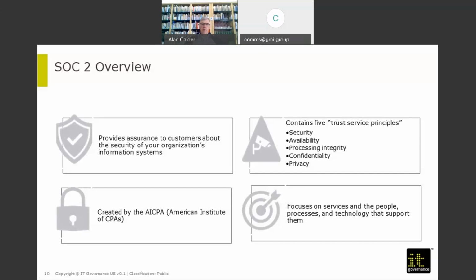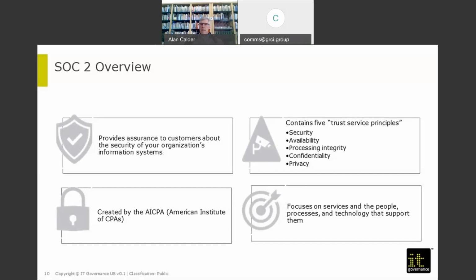It's created by the American Institute of CPAs, the AICPA, so it's in that sense an own standard. It's not a public standard developed by international contributors like the international standard is.